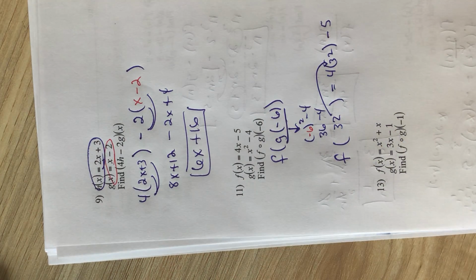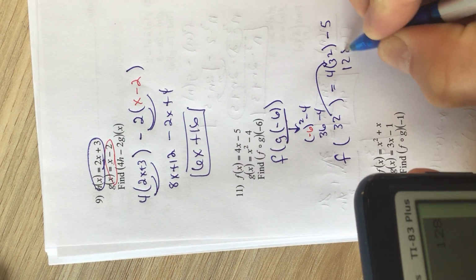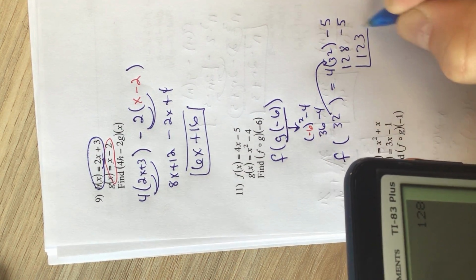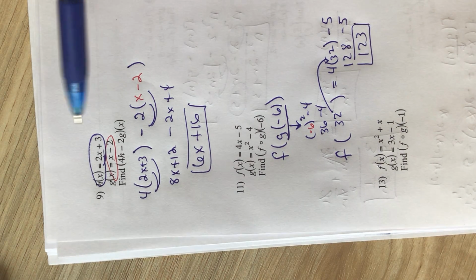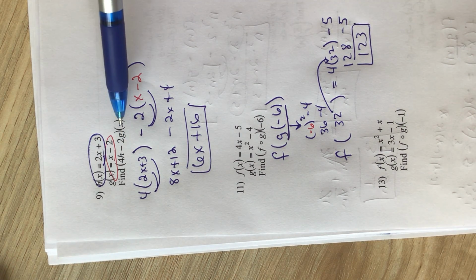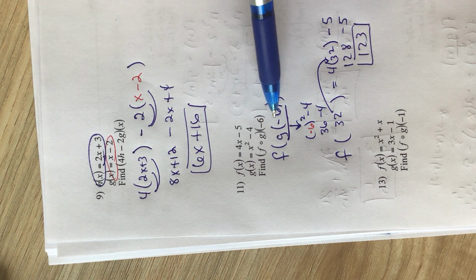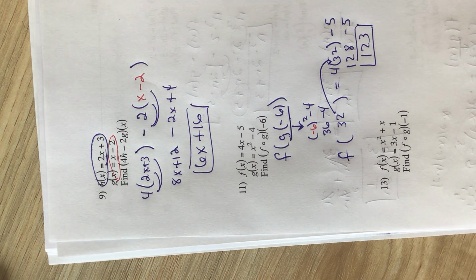So 4 times 32, so this is 128 minus 5, so 123 is the whole thing. So when there's a variable that goes in, you get a variable out, but when there's a number that goes in, you get a number out.